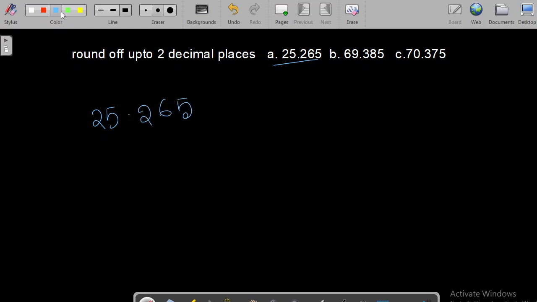Here, if I want to approximate this number up to two decimal places, then I draw a line after the two decimal places, and I can see 5 after the number 6 after the cutoff line. Now what will we do? This is something we have to see.